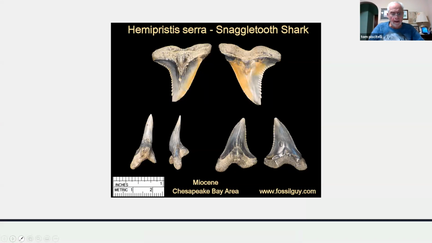Being able to recognize which side of a tooth is which is important to identification. More about that later. The bottom left shows a lower tooth from the back and a side profile. The right bottom shows the same tooth from the back and from the front sides. Next, please.